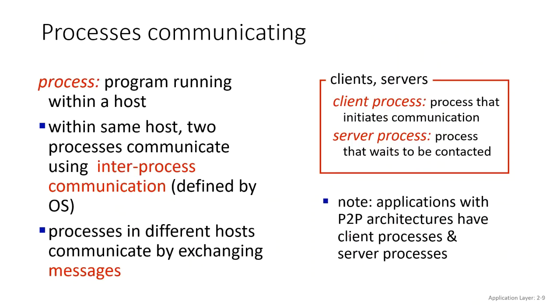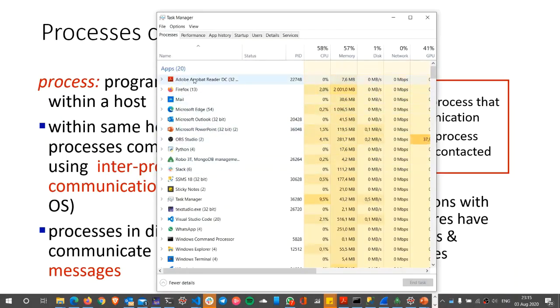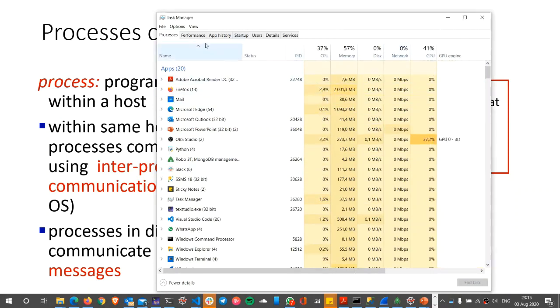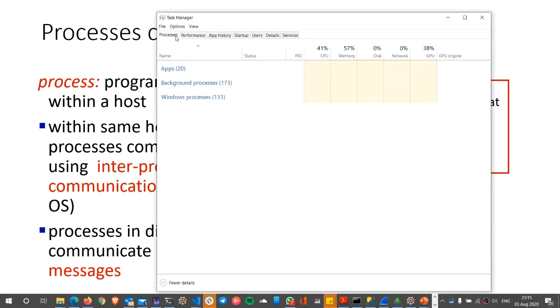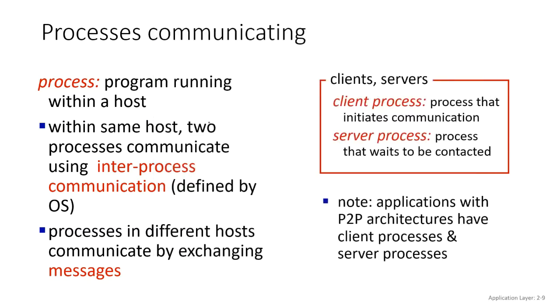All right. So we have the communicating processes. A process in networking, or in computing in general, is a running program. If you open your task manager, you would see that you have multiple processes running. In my case, these are the processes and the different apps that I'm running here.